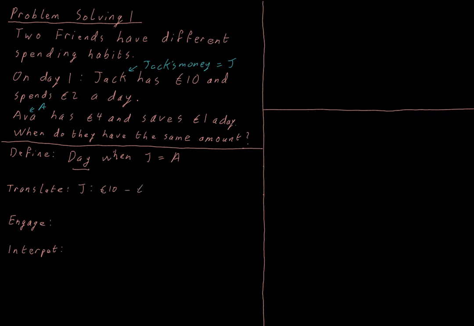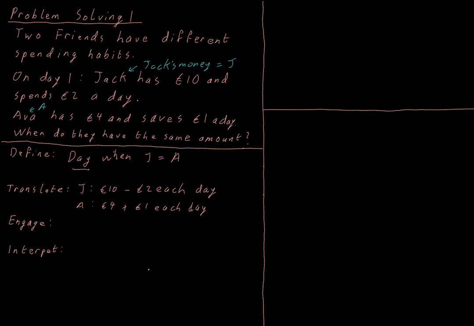So minus €2 each day, because he spends €2. Starts out with €10, spends €2 each day. What does Ava's money do? Well, she starts out with €4 and she saves €1 each day. So what's going to happen with her money? Well, it's going to go up by €1 each day. So that's how those are going to change as we go on.